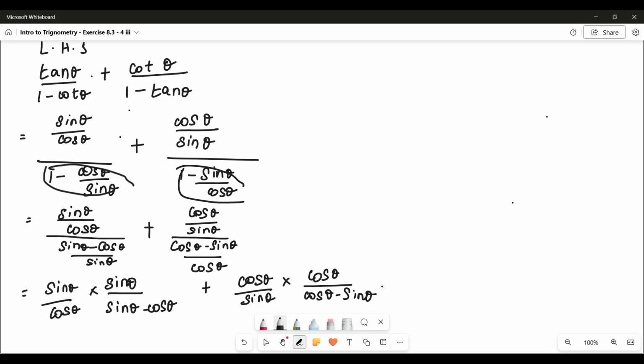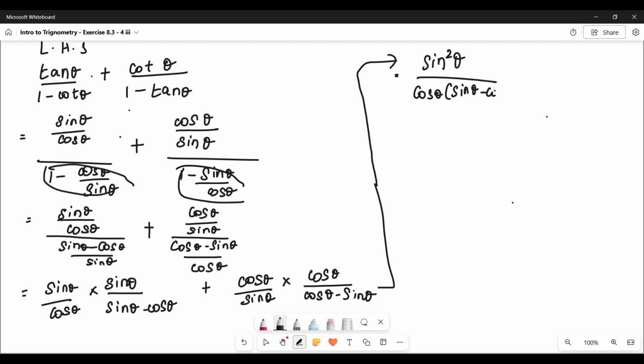Now let me continue here. The first term, sin theta into sin theta, becomes sin squared theta over cos theta times sin theta minus cos theta, plus the second term, cos theta into cos theta, becomes cos squared theta over sin theta into cos theta minus sin theta.